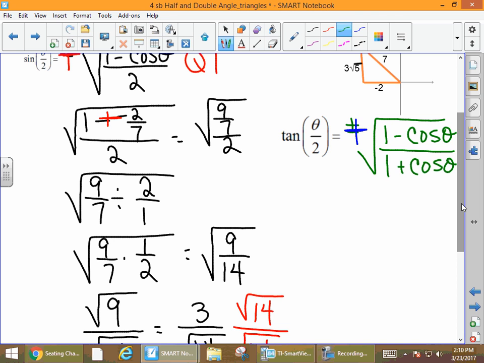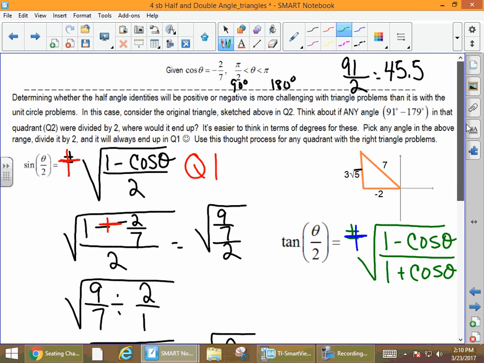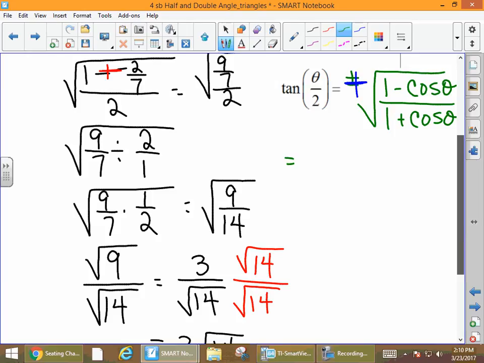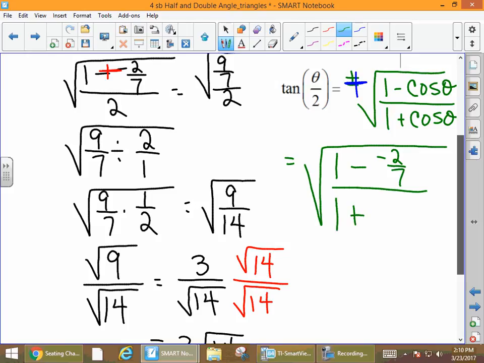We already know what cosine is. We're given that value. Cosine of theta is -2/7. So we're going to put that back into our function here. So it's going to be 1 minus -2/7. And down here in the denominator, it's going to be 1 plus a -2/7.